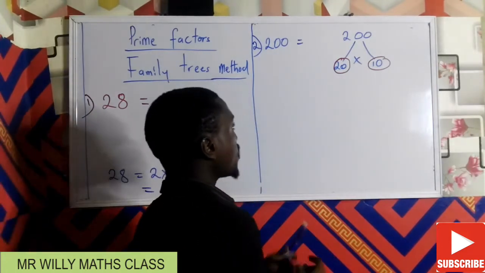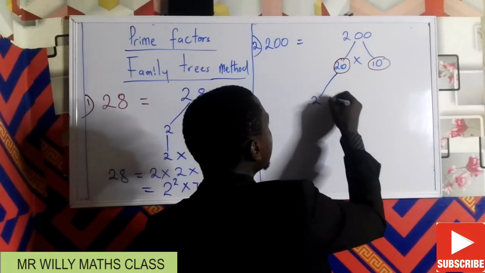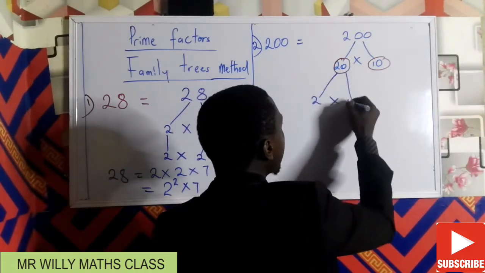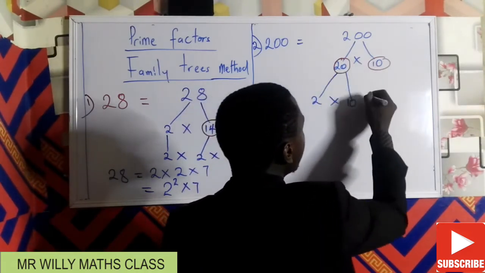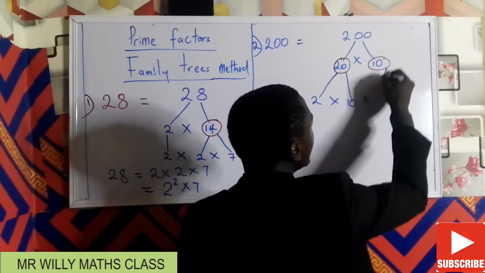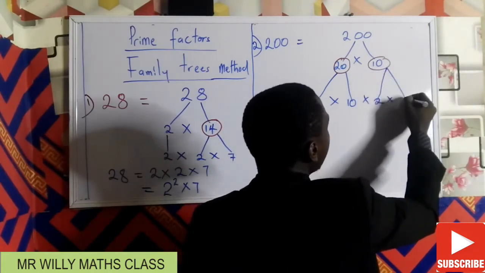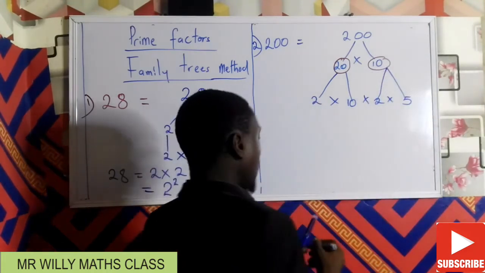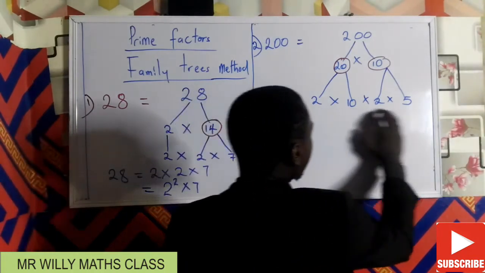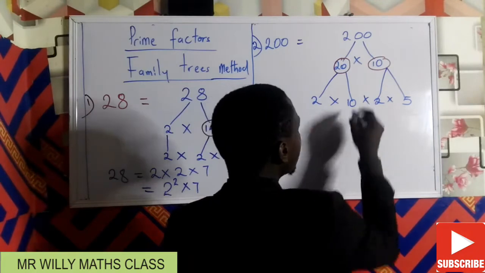So what times what gives us 20? 2 times 10 should give us 20. So this 20 will give us 2 times 10. Then you maintain this 10. Let's ask yourself, what times what gives you 10? 2 times 5 will give us 10. Now, if you look at the numbers that we have at this level, only one number is not a prime factor, which is 10.